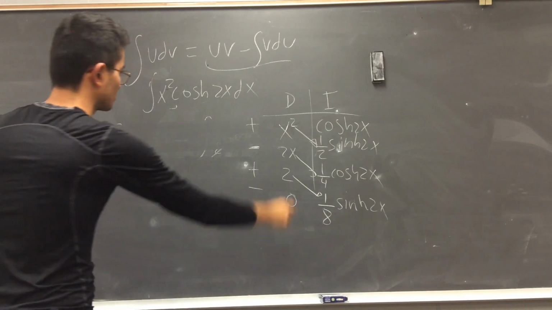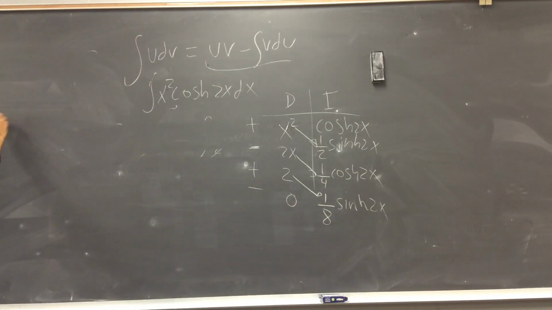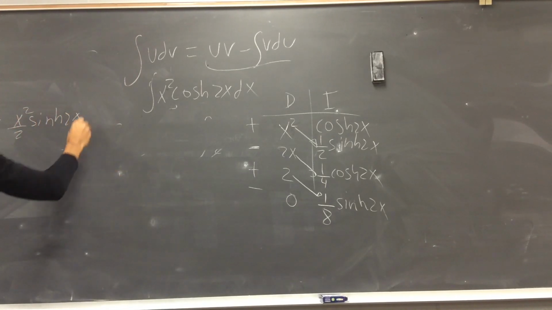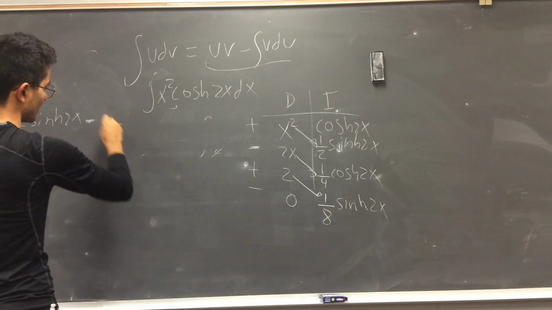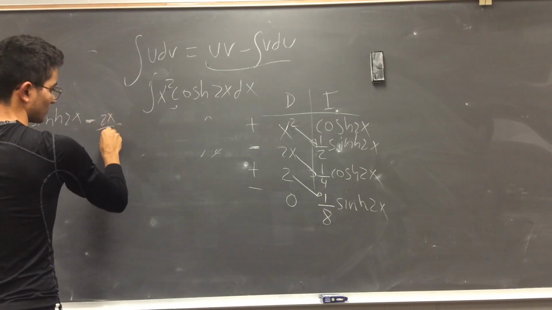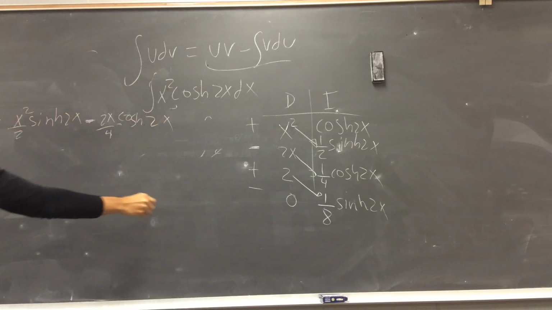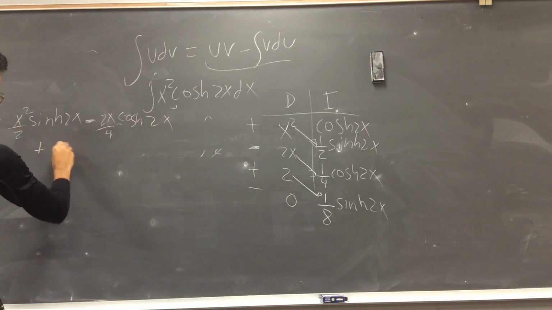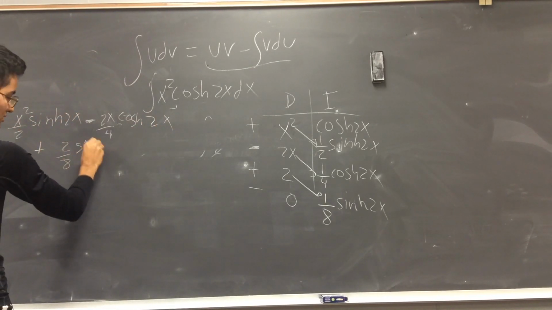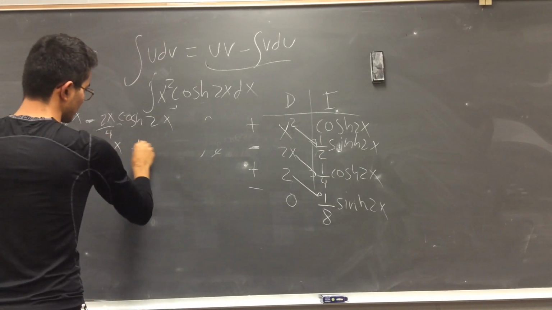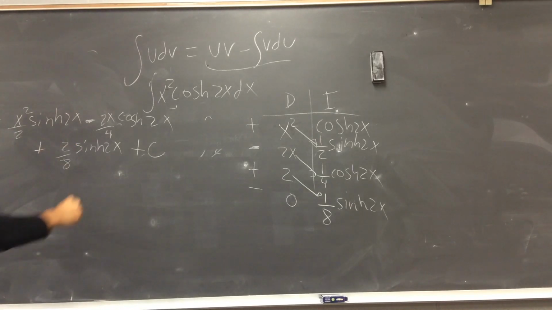All right, so that's going to be equal to x squared over 2 sin 2x, and then minus 2x over 4 cos 2x, and then we have plus 2 over 8 sin 2x, plus c. And then we can simplify a little bit.